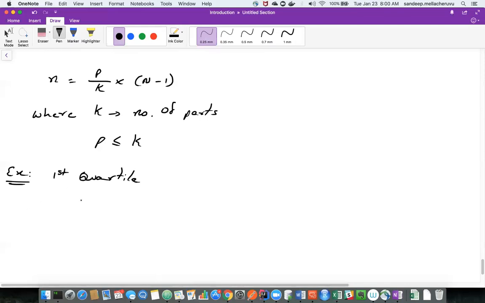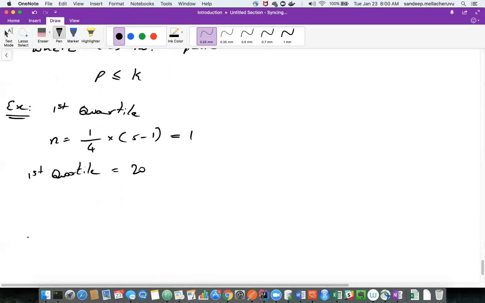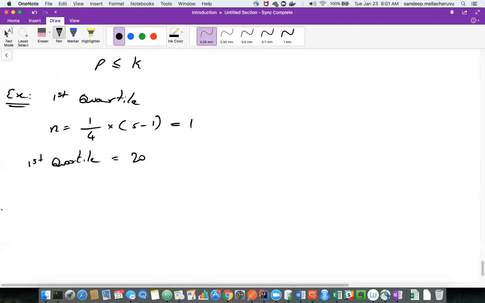So the first quartile. The position is 1 by 4 into n minus 1, which is 5 minus 1, which is 1. So the first quartile is nothing but 20. Yeah. Now there is a relation between quartiles and percentiles. The relation is like this.